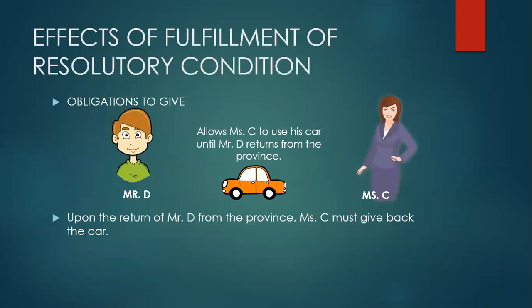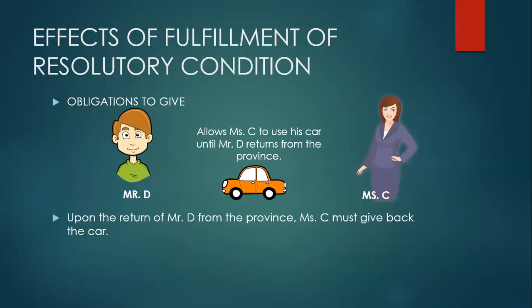So let me give you an example of the effects of fulfillment of resolutory condition in an obligation to give. Mr. D allows Miss C to use his car until Mr. D returns from the province. So when you say resolutory condition, here, the obligation of Mr. D to allow Miss C to use his car is effective upon the constitution of the obligation.